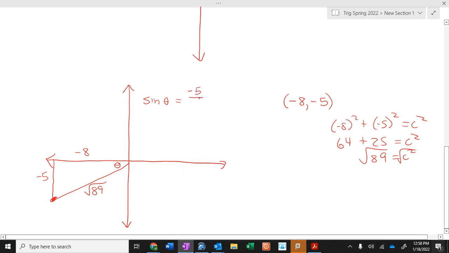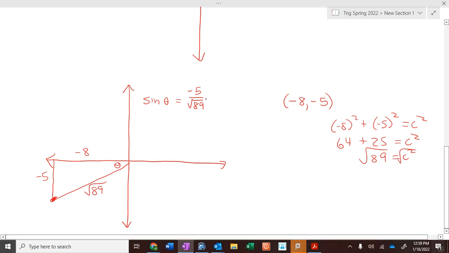-5 is in the numerator. What's in the denominator? Square root of 89. Now, if you're in Algebra 2, are you allowed to keep your answer like this? No, you aren't allowed to keep your answer like this because it has a radical in the denominator.